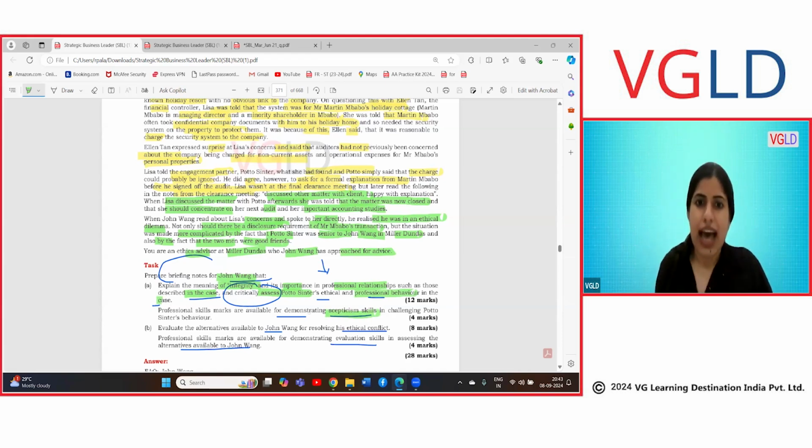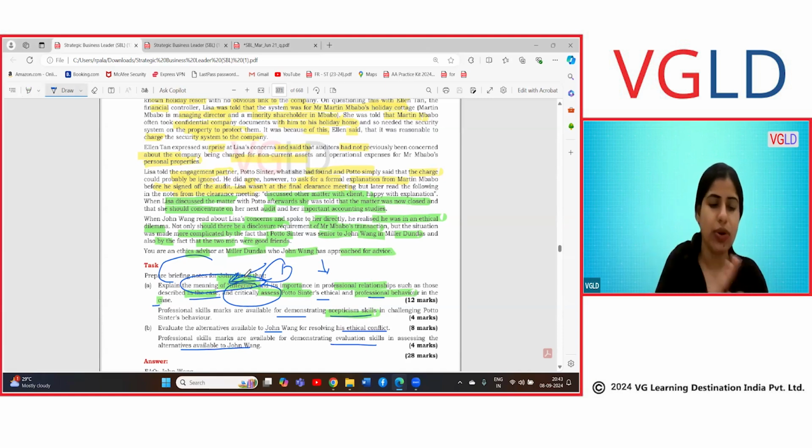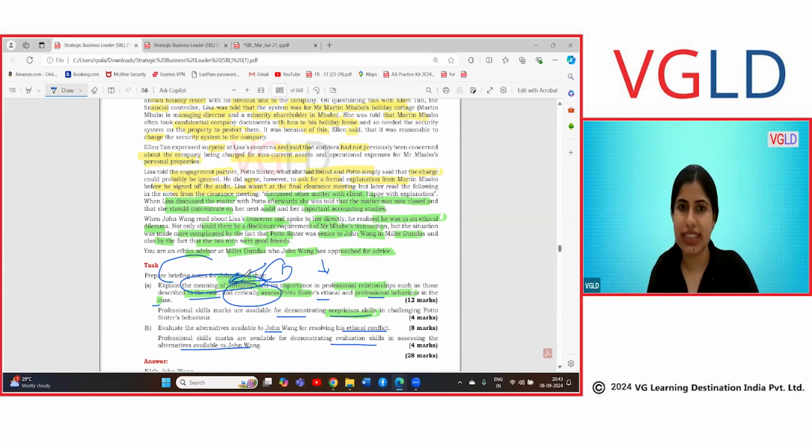Got the idea? And see, always divide your answer according to the marks in the main question. They are testing 2 to 3 areas. One area they are testing is the meaning of integrity. This is the theoretical portion. Allocate 2 to 3 marks for this. And then importance in the professional relations. Second area this.